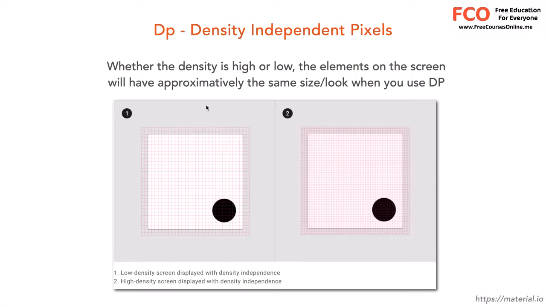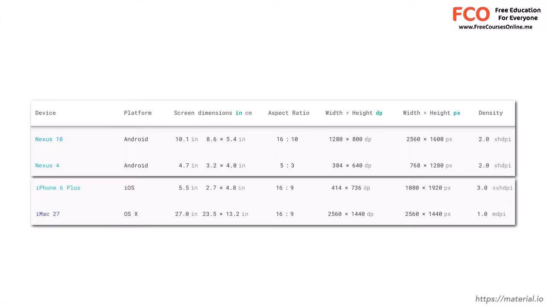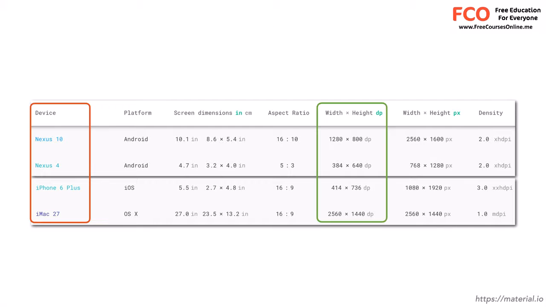Here on the left hand side we have a low density screen, and here we have a high density screen with more pixels packed in the same space. But if you look at this floating action button in the circular shape, it would appear the same size on both the screens.